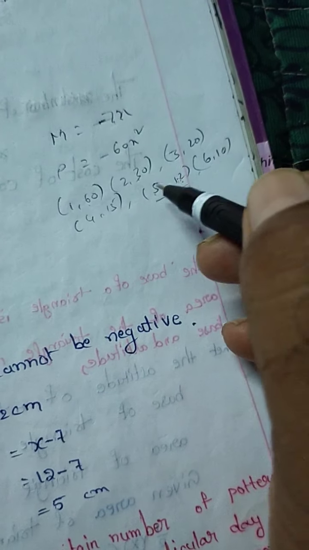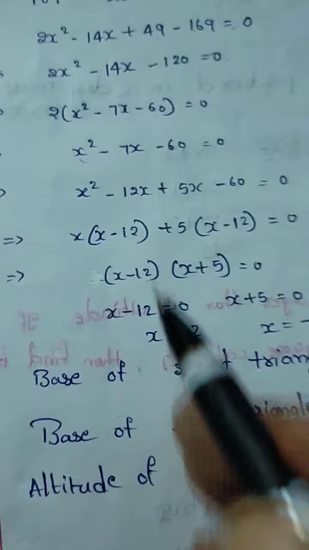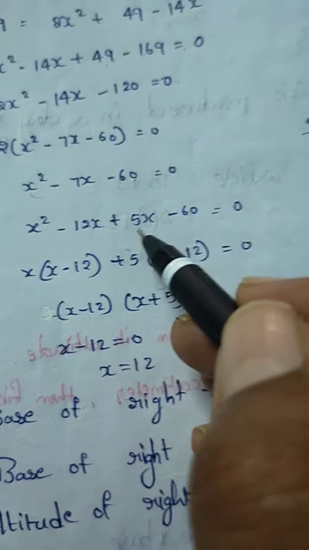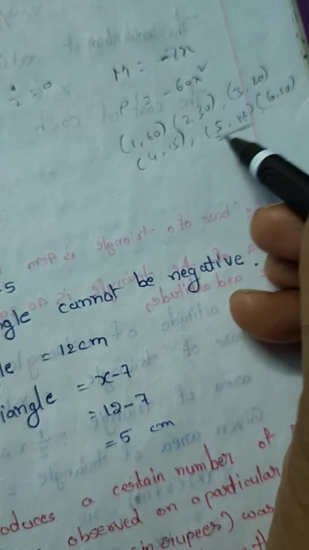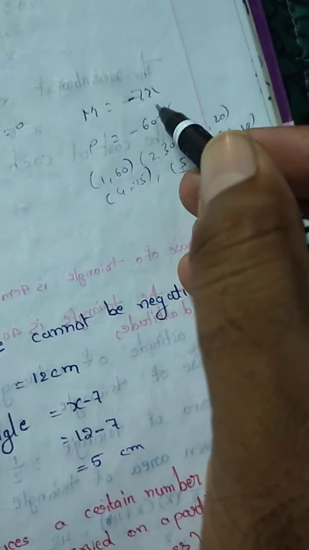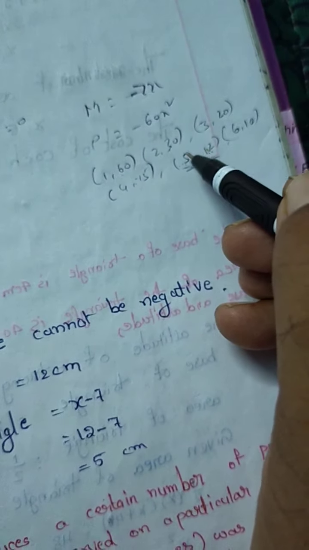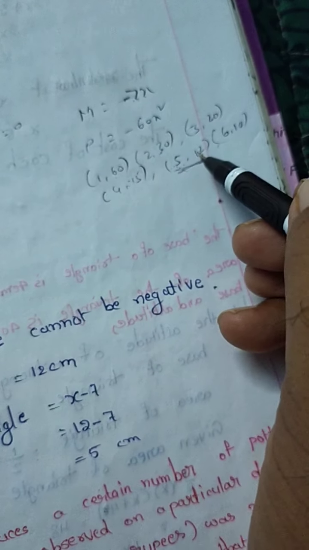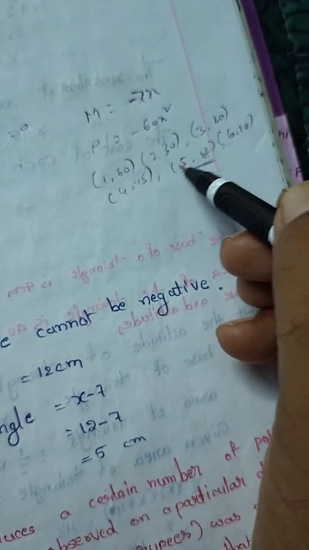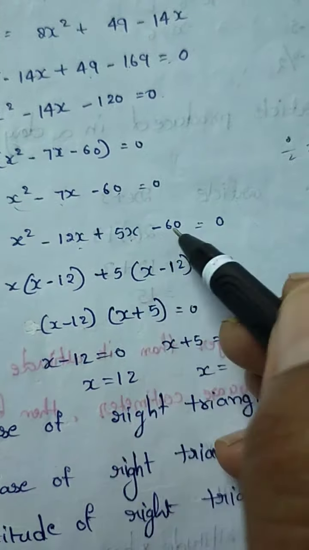The product of 12 and 5 is 60, and minus into plus is minus, so minus 12x plus 5x. This is satisfied. Adding gives the middle term, minus 12x plus 5x equals minus 7x, and the product is minus 60. So it is possible.